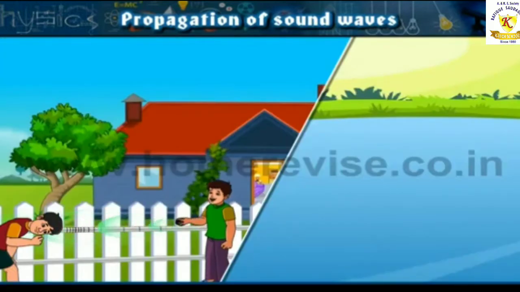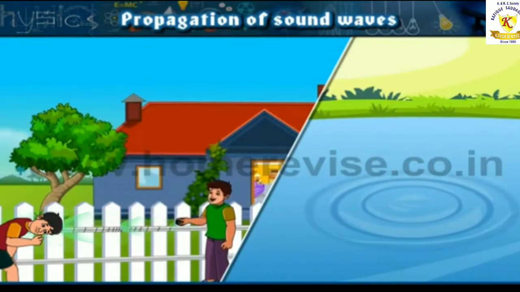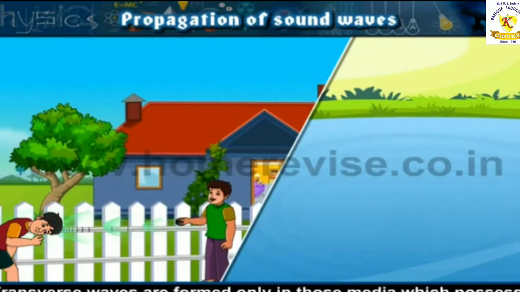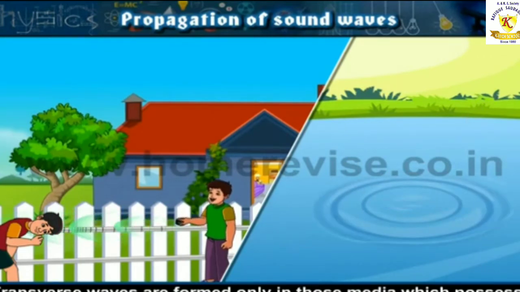Example: sound waves in a solid and on the surface of a liquid. Transverse waves are formed only in those media which possess rigidity, and that is why they can travel only in solids and on the surface of liquids.